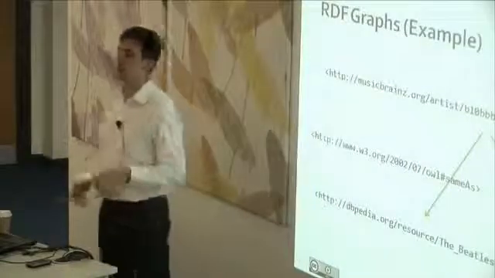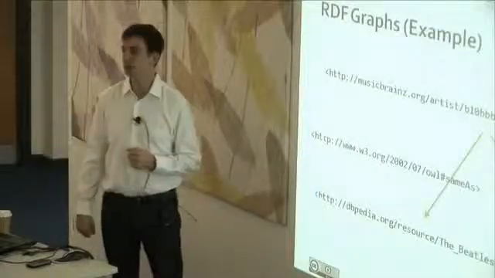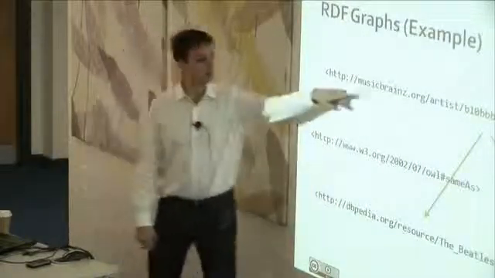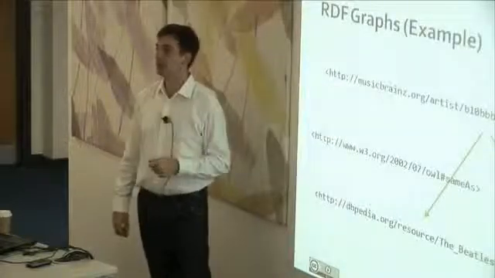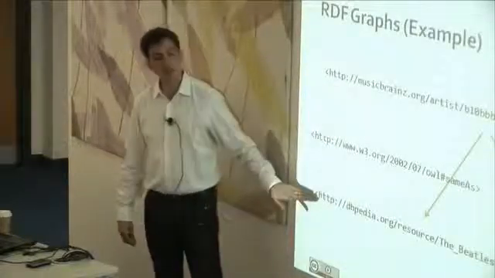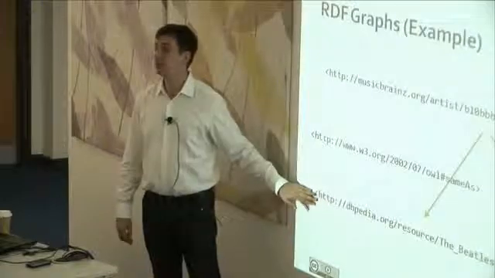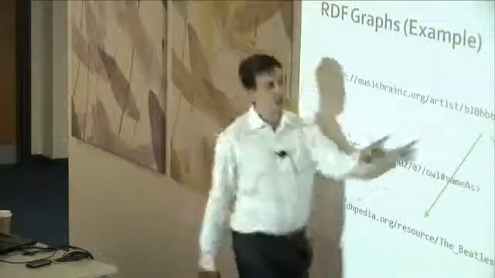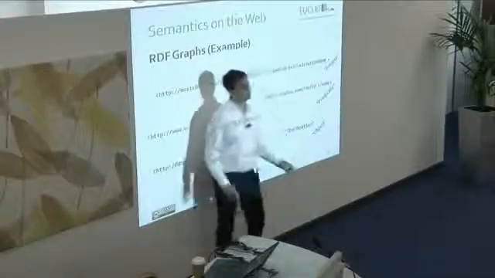Okay, so two different predicates label the arrows. And under those relationships, we have two different objects. One object is the DBpedia identifier for the Beatles. The other object is the literal string, the piece of text that says the Beatles. Okay? So two triples lead to two arrows in the graph.